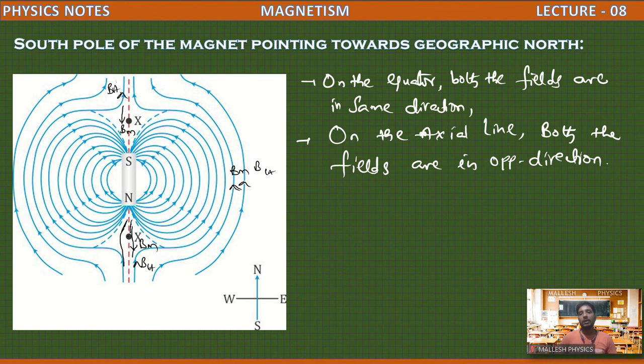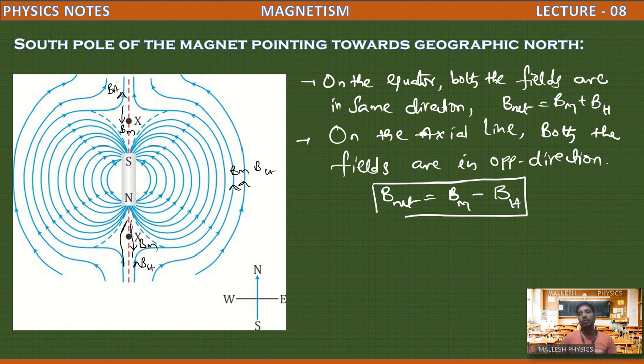So here we can find the net magnetic field by adding these two, BM plus BH, magnetic field due to bar magnet plus Earth's magnetic field. When they are acting in opposite direction, B net is equal to magnetic field due to bar magnet minus magnetic field due to the horizontal component of Earth's magnetic field, BH. This is the formula.